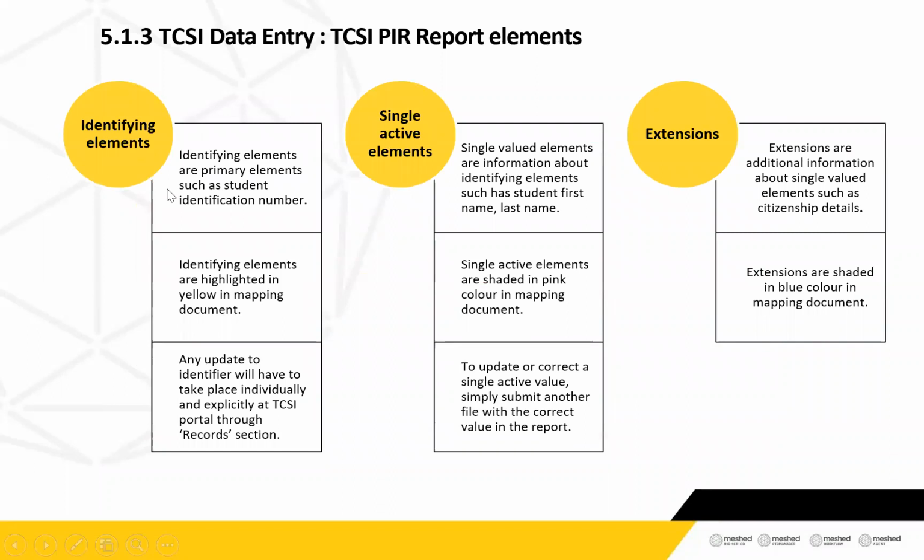So every report carries three basic elements: identifying elements, single active elements, and extension. Okay. Identifying elements are nothing but primary elements. So for example, student identification number, student ID, is going to be an identifying element. Okay. And in our mapping document, we have highlighted them in yellow.